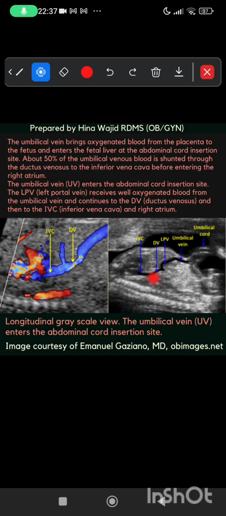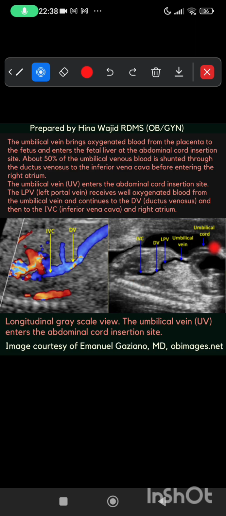And then the ductus venosus joins the IVC, and here we can see the heart. So it drains the blood into the right atrium. So the umbilical vein carries the oxygenated blood from the placenta to the fetus, and enters the fetal liver at the abdominal cord insertion site. 50% of the umbilical venous blood is shunted through the ductus venosus to the IVC before entering the right atrium.